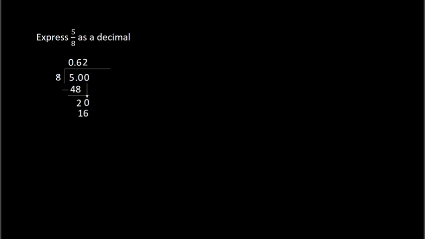And then subtract, we get 4, and it's still a remainder, so I need to add another 0 after the 5, and then bring that down, and then see how many times 8 goes into 40. So 8 goes into 40 5 times. So then I take 5 times 8 to get 40, subtract, and now the remainder is 0. So I am finished. 5/8 can be written as 0.625.